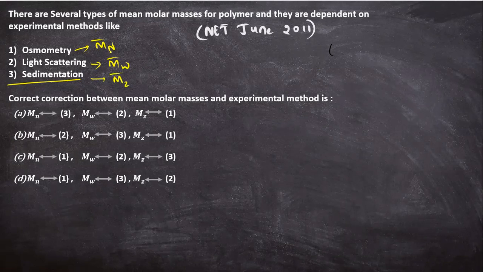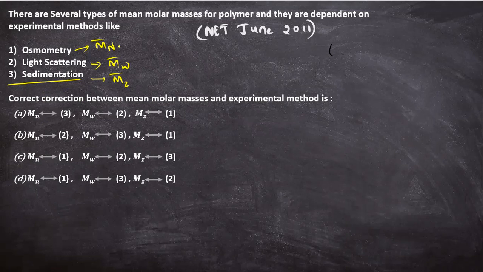So guys, if you have seen my previous videos, I'm sure you will definitely answer such questions. I have already told you that such questions are important and definitely asked in previous years. What they are asking is the correct correlation between mean molar masses and experimental method.